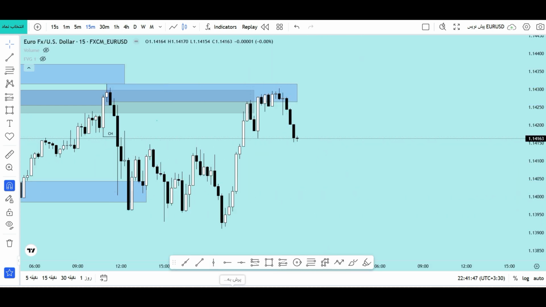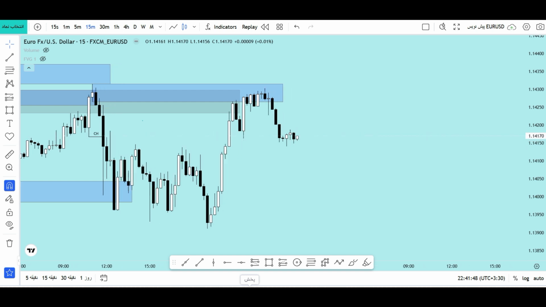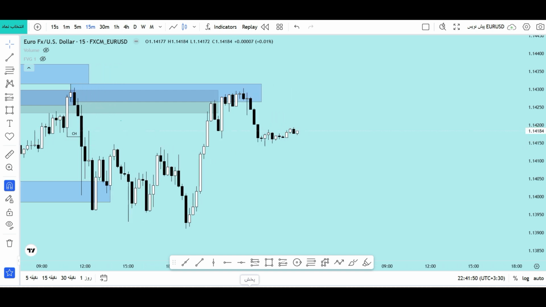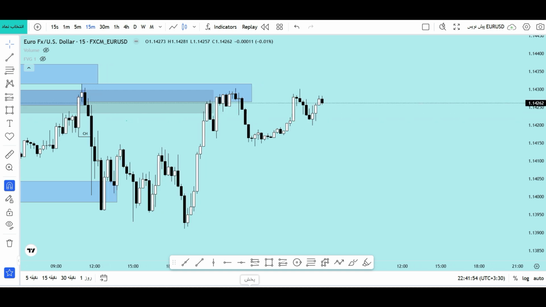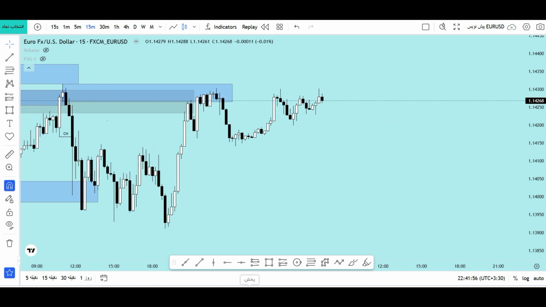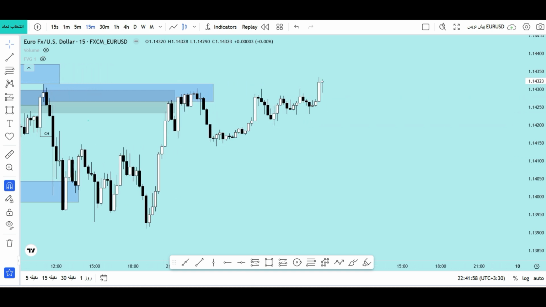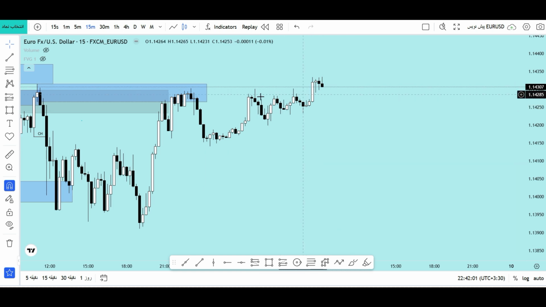But let's see what will happen. Price broke our area and hit our stop loss if we entered this zone.